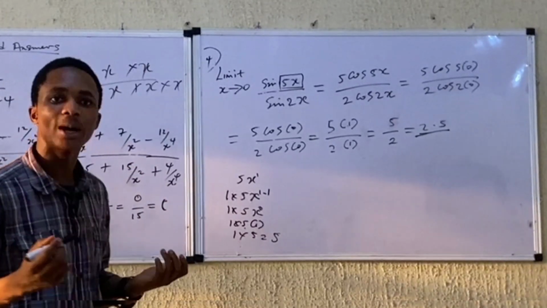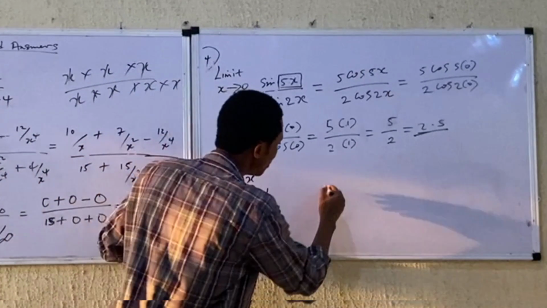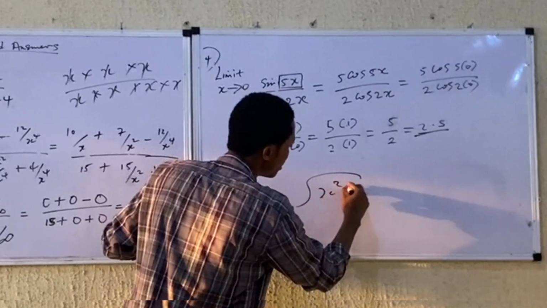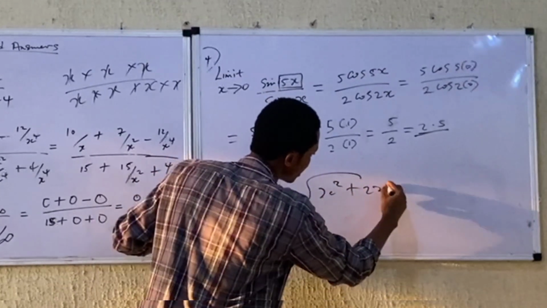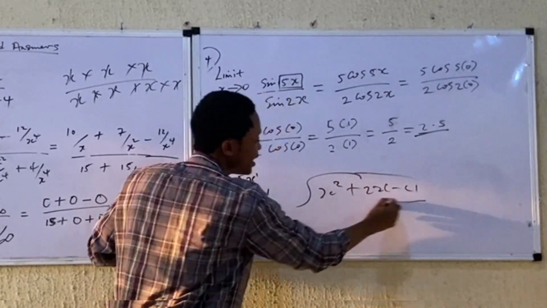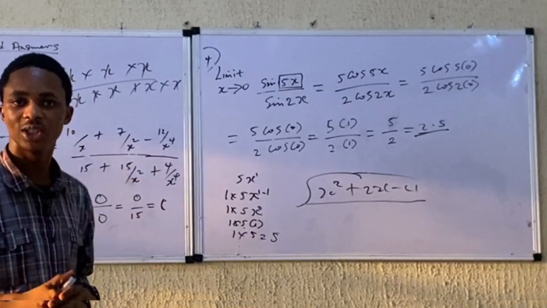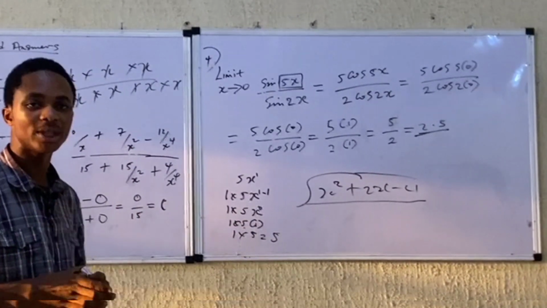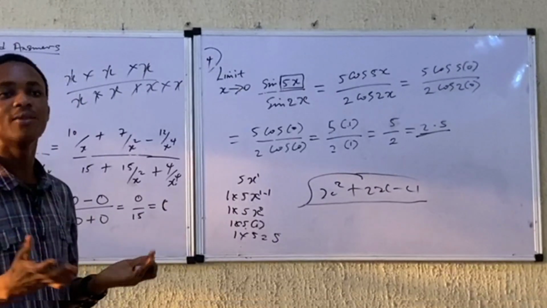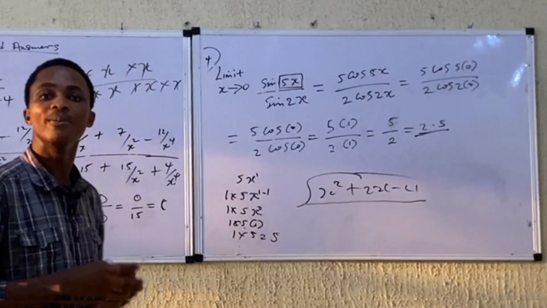Maybe you have a square root of x squared plus 2x plus or minus something. This is a linear question, so you use direct substitution. You don't need the L'Hopital rule or factorization. You just input the value directly.